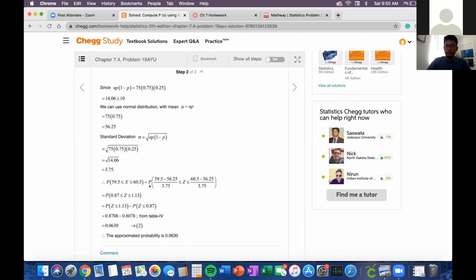Let's see. 14.1. Okay, so whenever you're trying to find the approximation, you just go 0.5 below and 0.5 above. Interesting. Okay.